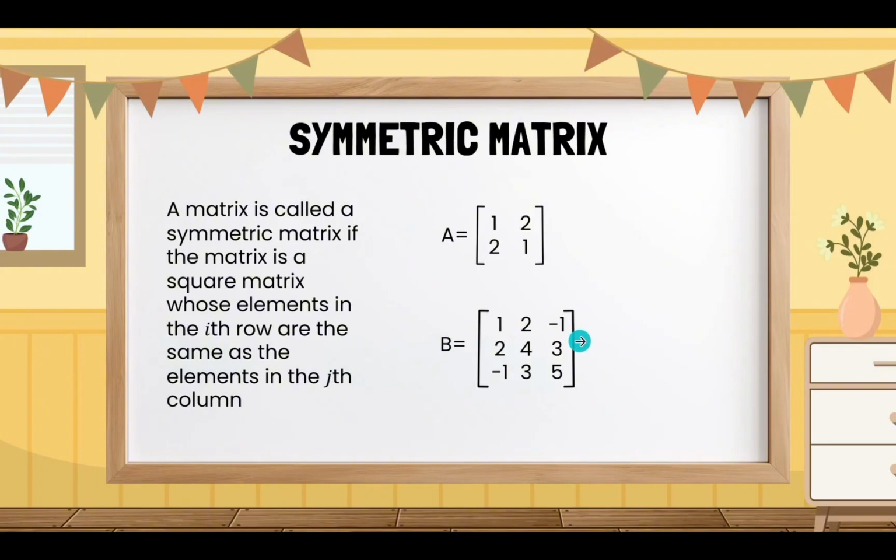For another example, the second row, 2 4 3, is also going to be equal to the second column, 2 4 3, and so on.